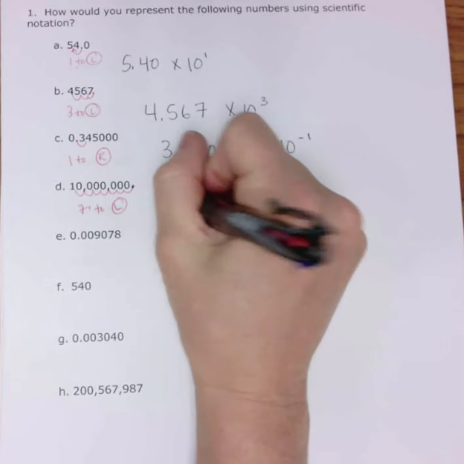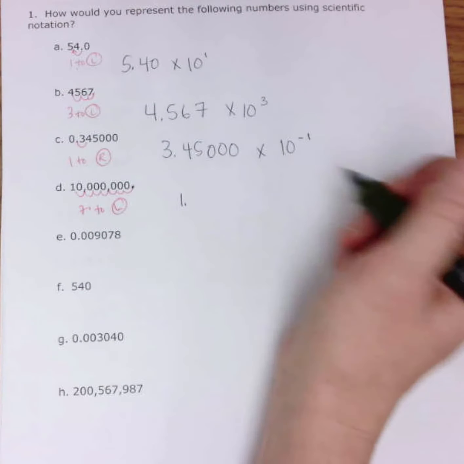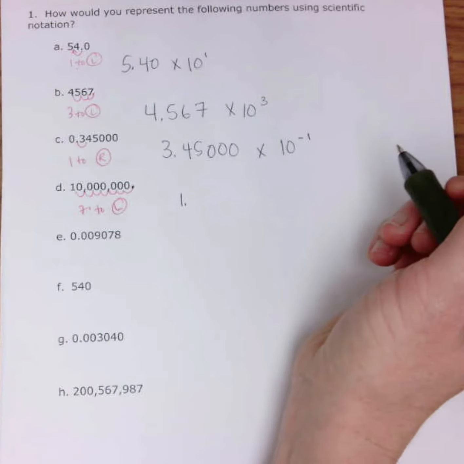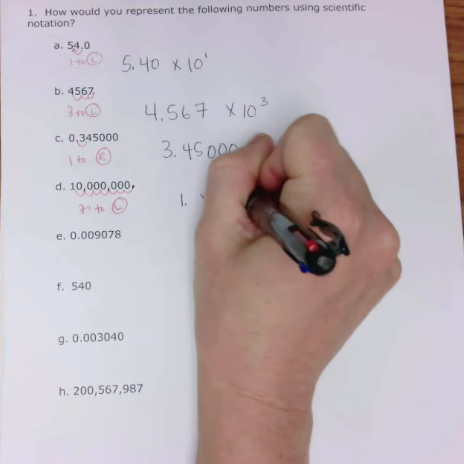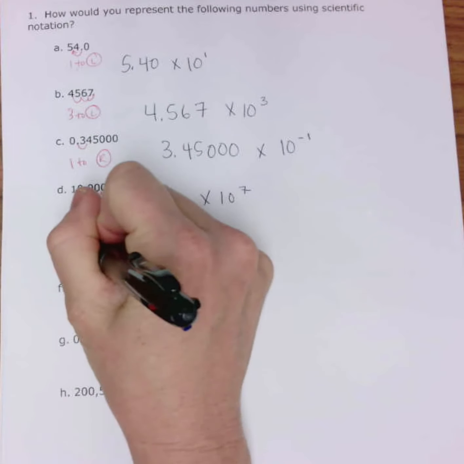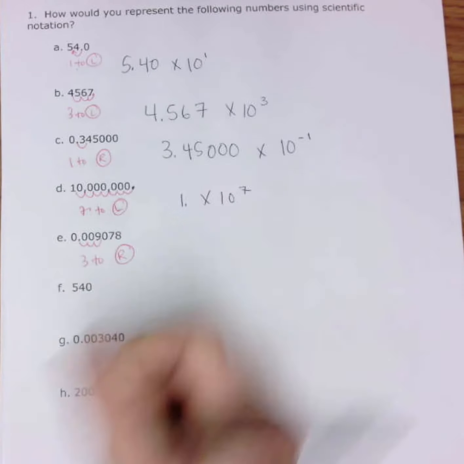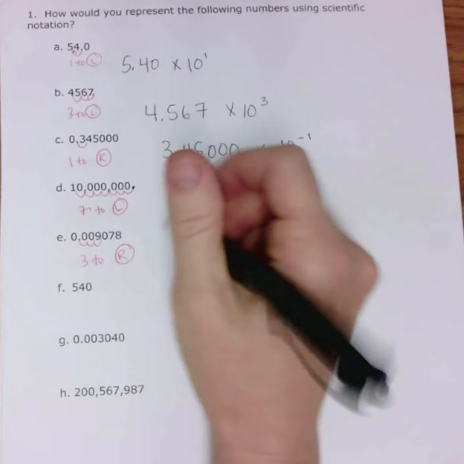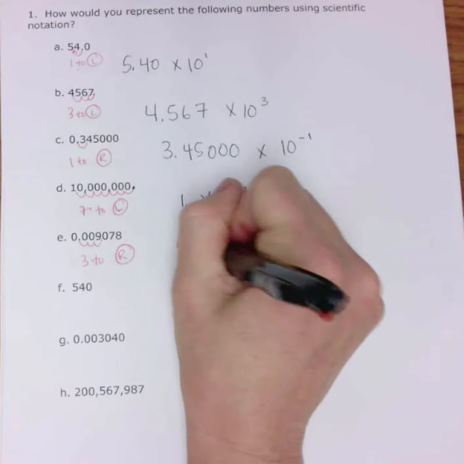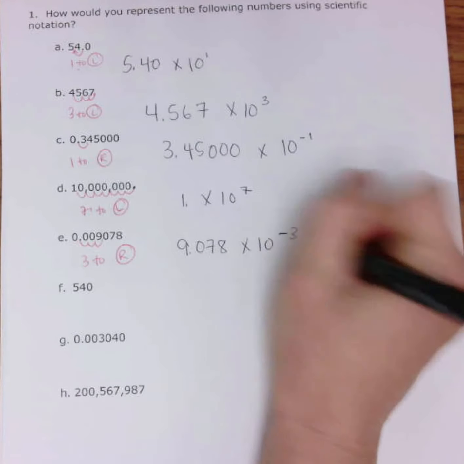So that's going to be 1, actually, because those aren't significant, times 10 to the 7th. E, you're going to move the decimal 1, 2, 3 to the right. So it's going to be 9.078 times 10 to the negative third.